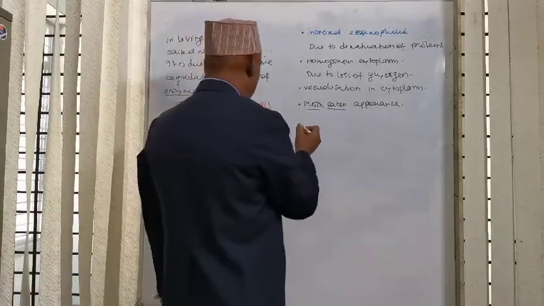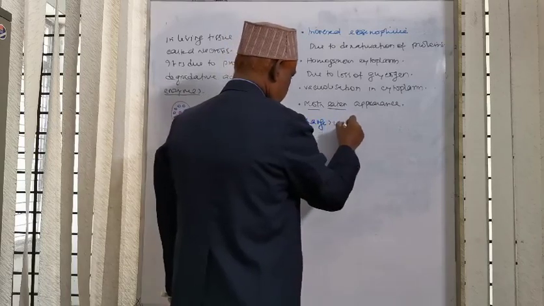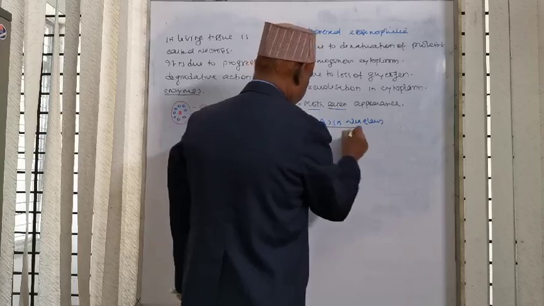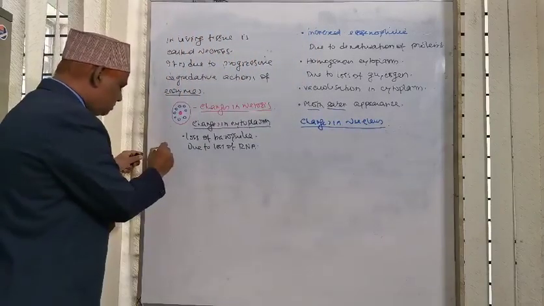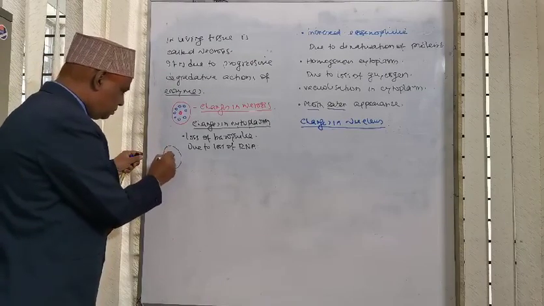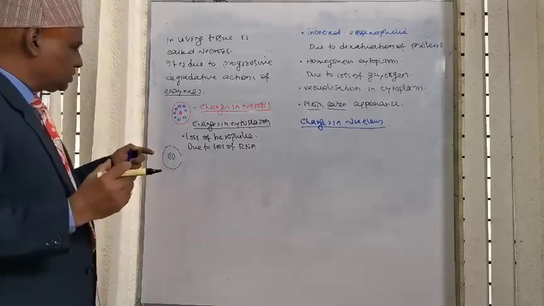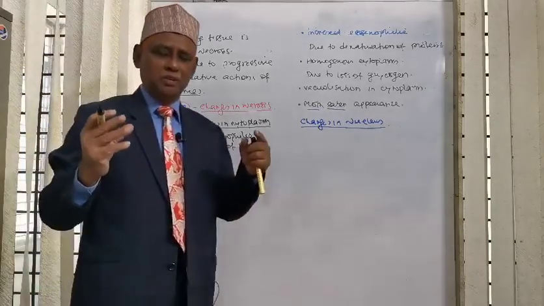Now come to nuclear changes, or changes in the nucleus. What changes occur? You know, this is the cell, this is the nucleus, this is chromatin or chromosomes. In necrosis, there is first condensation of the chromatin.